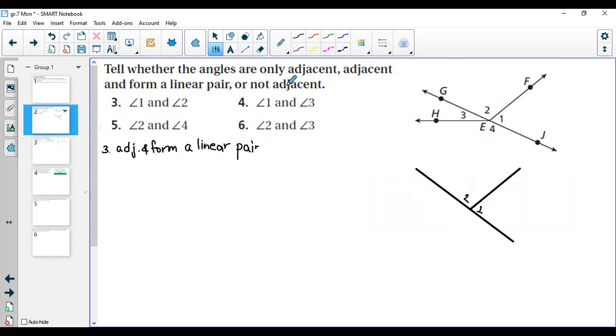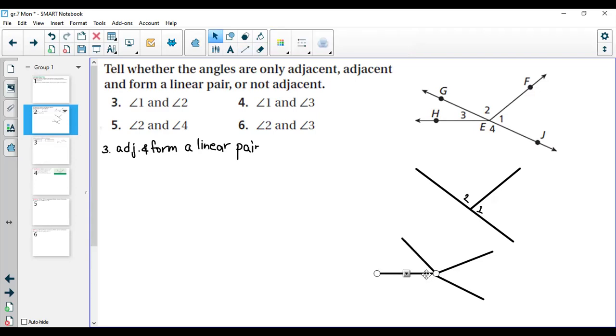What about angle 1 and 3? Now angle 1 and 3, if I would draw, I could get something like this. This is angle 1, not drawn exactly accurately, and this is angle 3.